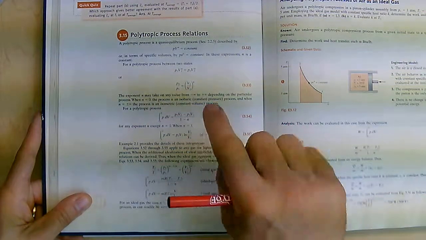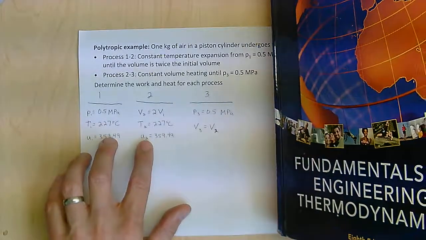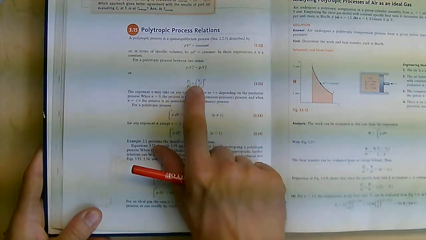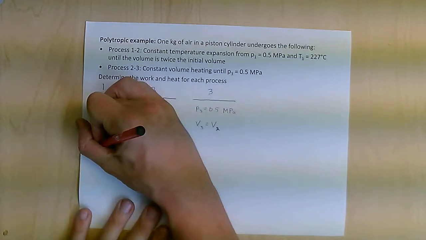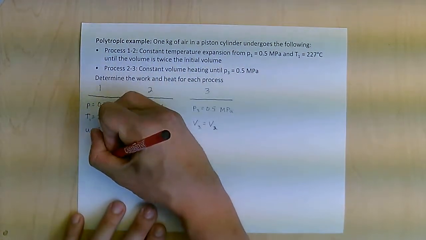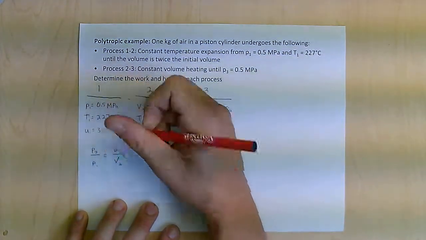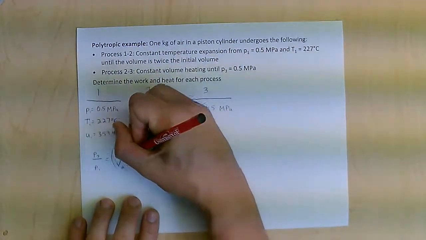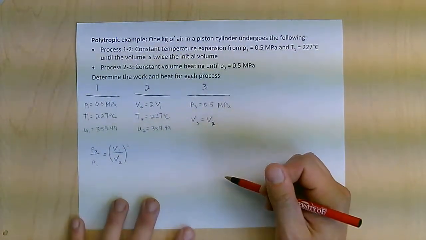So I can relate P and V using P2 over P1 equals V1 over V2, which should be to the N, but N is 1 for a constant temperature process like I have here.